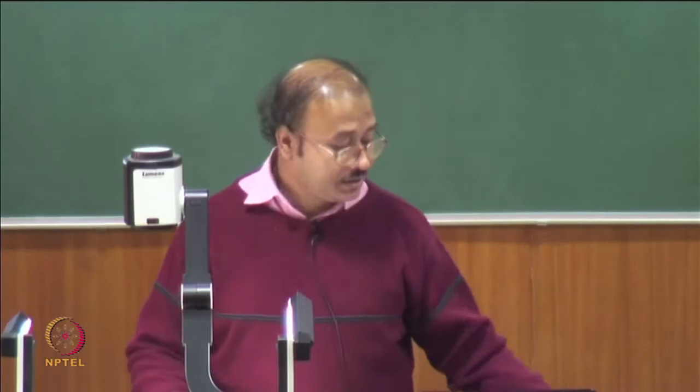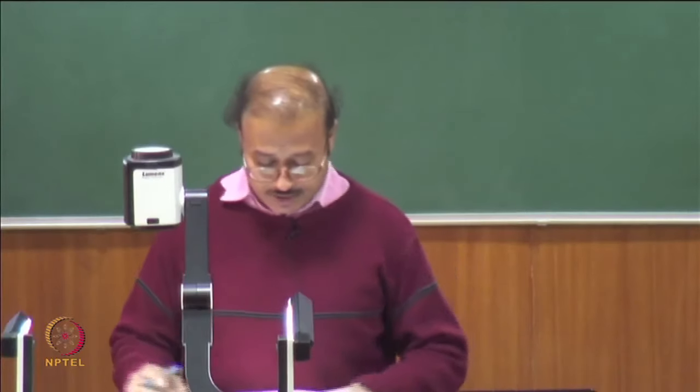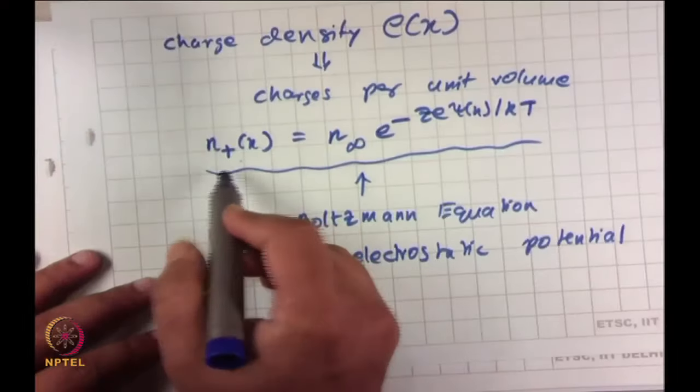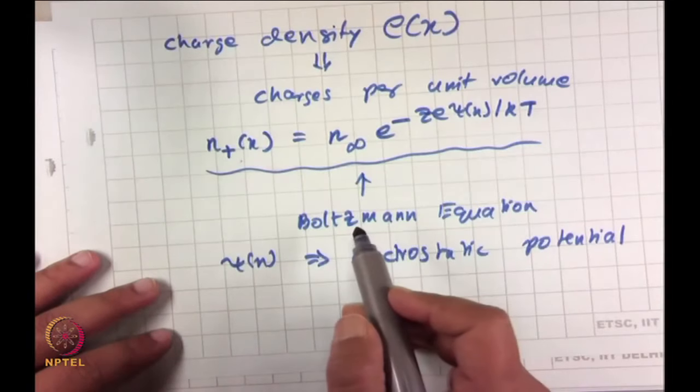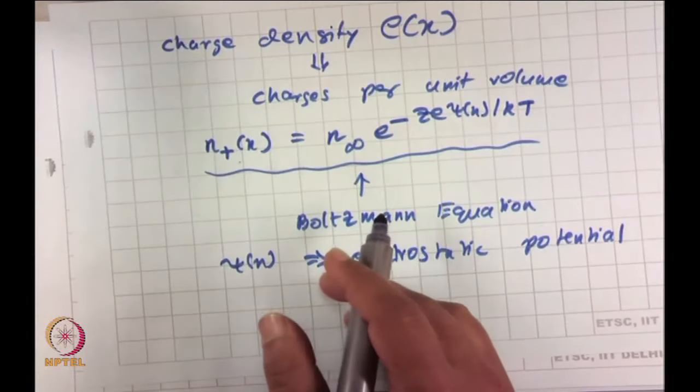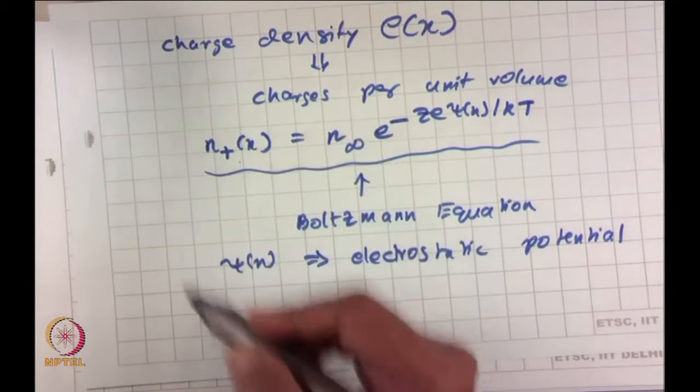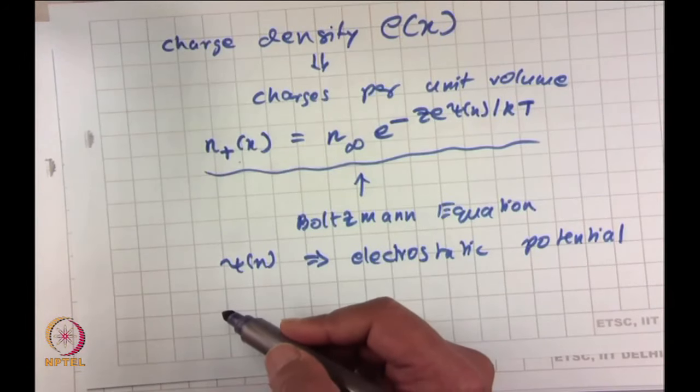We have already seen before that n plus of x is equal to n infinity e to the power minus z e psi of x over kT. This was for n plus. I can write a similar equation for n minus.